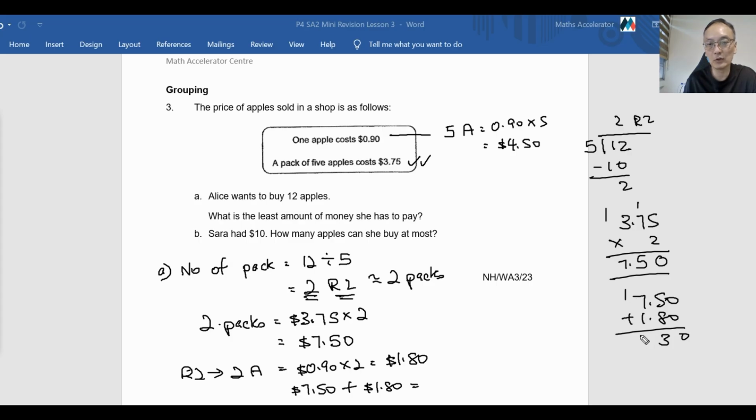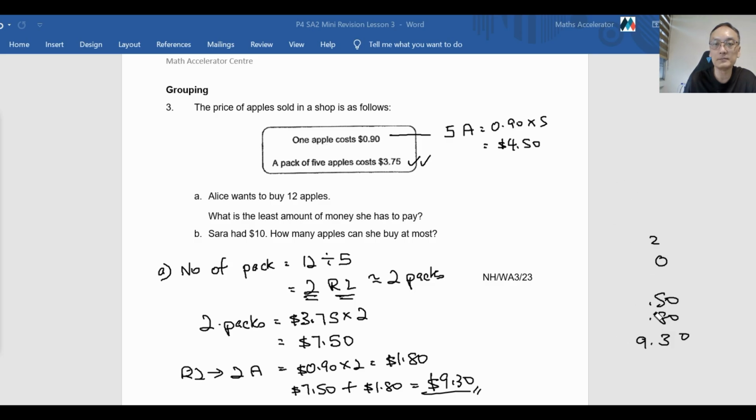We arrive at $9.30. And that will be our answer for part A. So Alice, the amount that she has to pay in order to get 12 apples will be $9.30. Okay, let us erase this part so we can have space to do the next part.